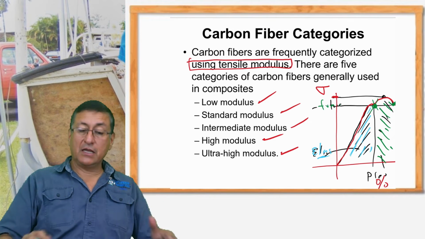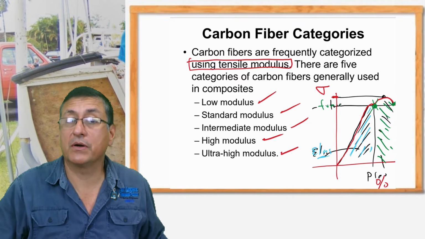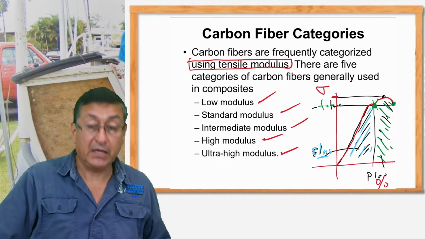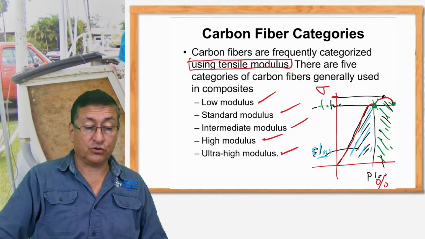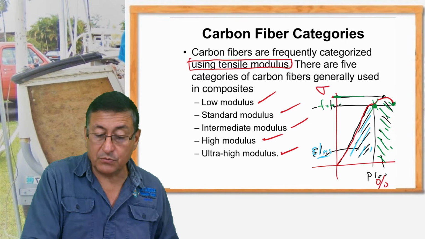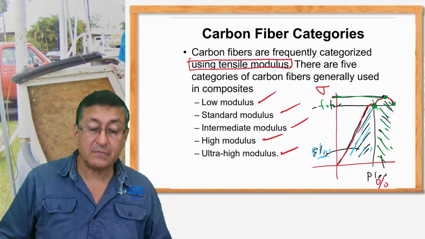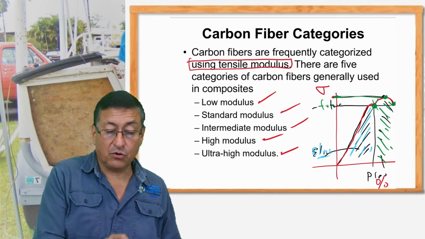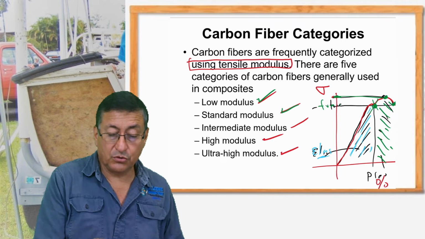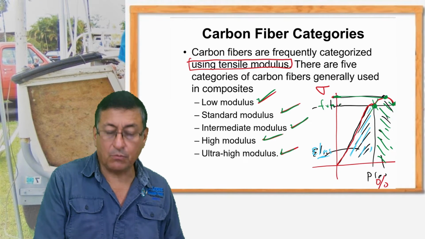This is the typical curve that we analyzed with steel, with iron, in previous episodes in our book of corrosion. And this is the maximum Young modulus. Depending on the Young modulus, the carbon fiber is organized as low modulus, standard modulus, intermediate modulus, high modulus, and ultra high modulus.